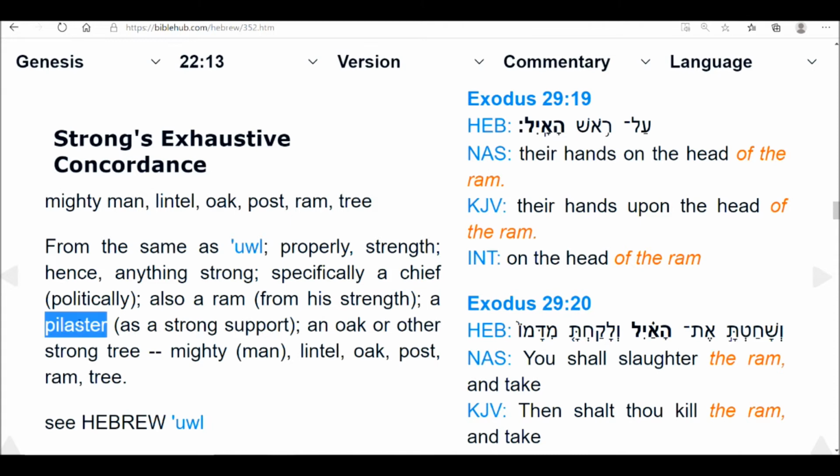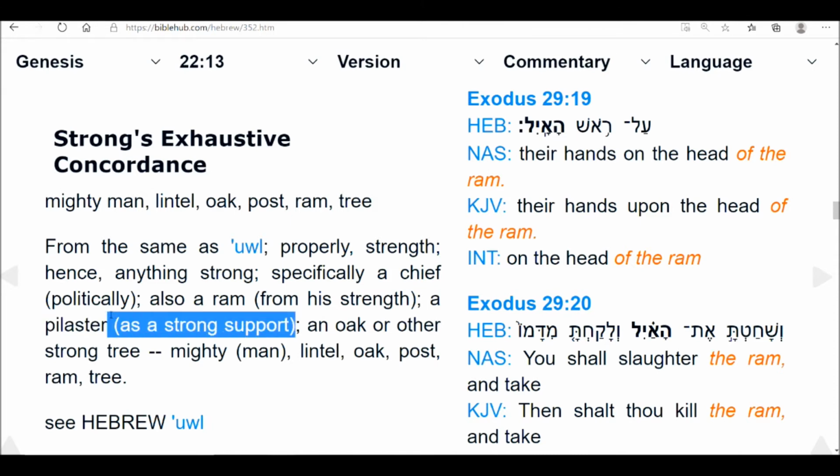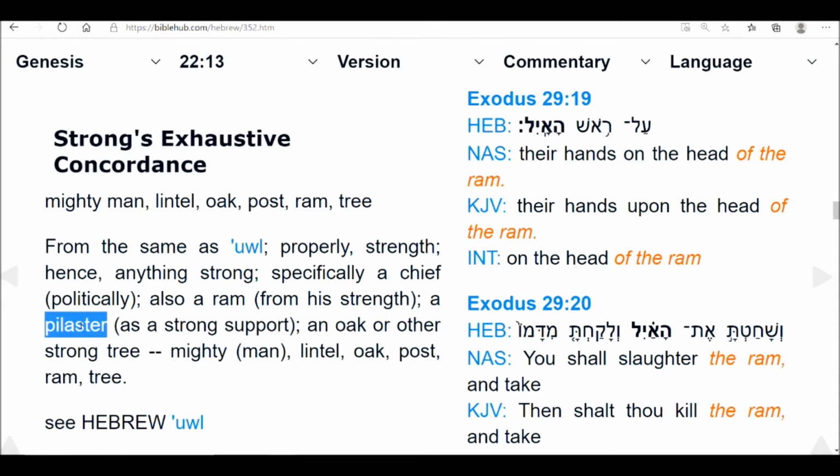Pillars, chief, support, priestly, oak, tree. This is mantle, lintel. This is just to let people know that anything as a pillar or a pilaster was a symbol for a priest. So when they would hear this word, they would automatically think of the priest.